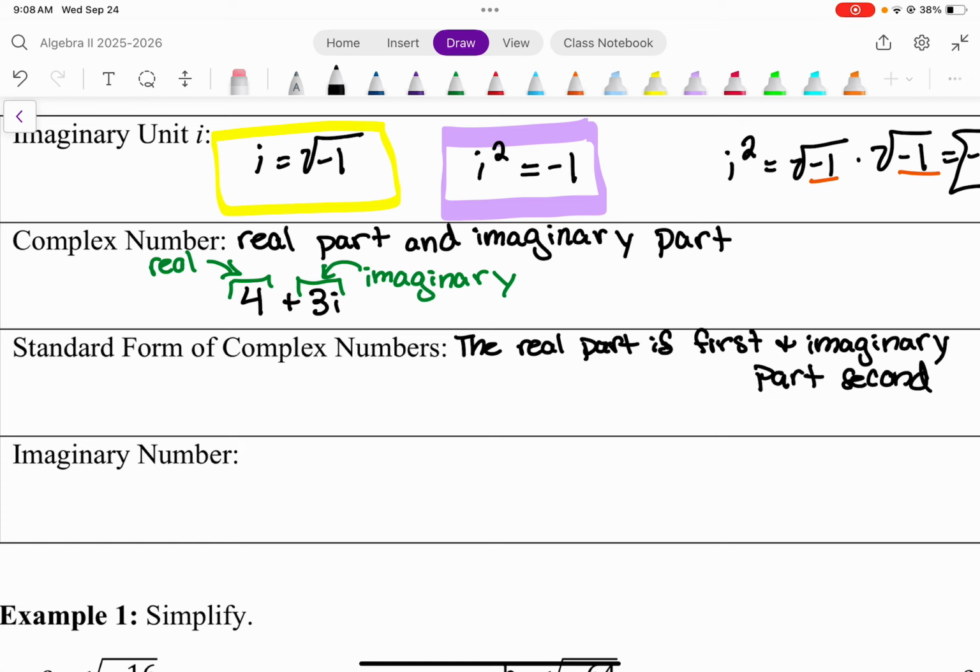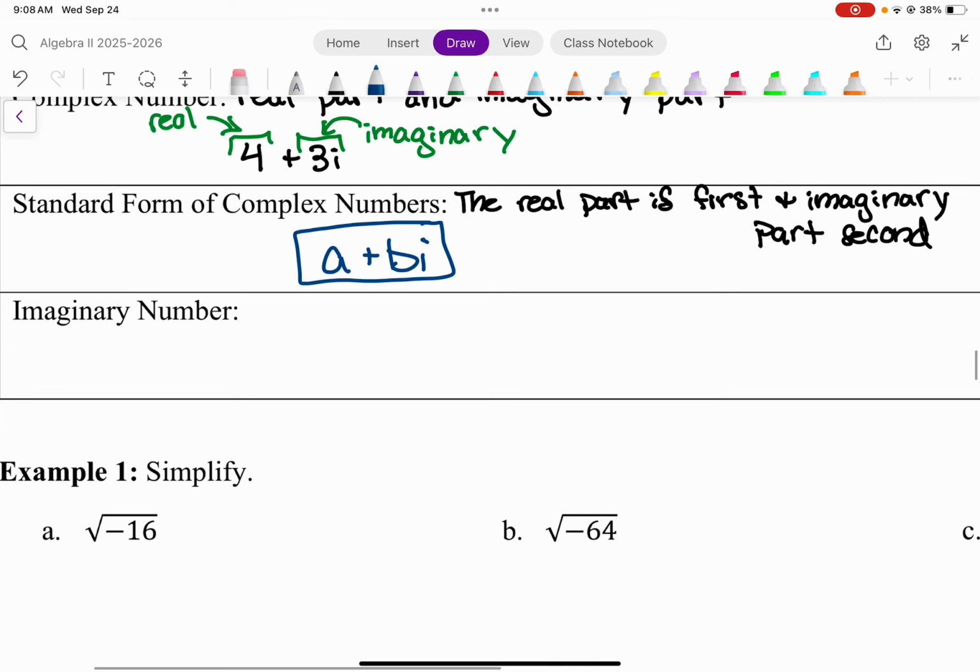That way, all of the answers should be written in the exact same format once you are done simplifying. So your real part, and then your imaginary part, where we would have a number in front of i. So standard form, once you're done simplifying, make sure real is before imaginary.